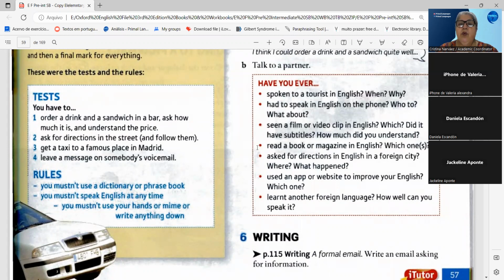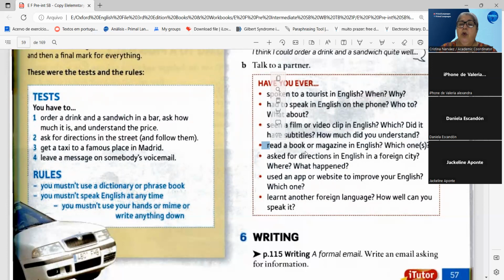Jacqueline, have you ever read? Y observen que aquí no dije read, read. ¿Por qué? Porque el verbo en el infinitivo es read, en el pasado es read y en el participio también es read, ¿ok? O sea, leí y leído se pronuncian igual, se pronuncian como el color rojo es red, pero en las tres situaciones se va a escribir de la misma forma.